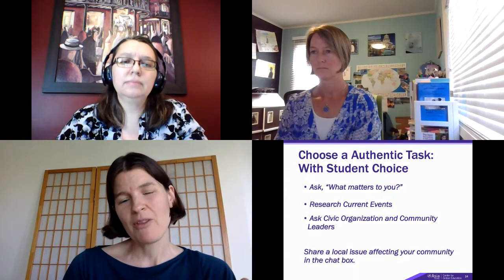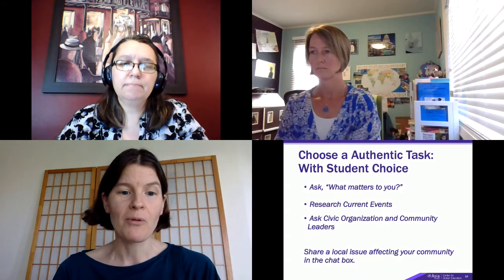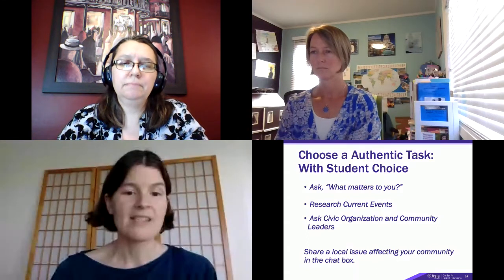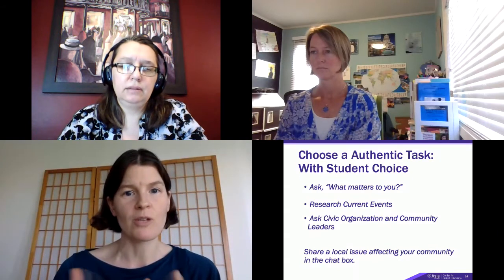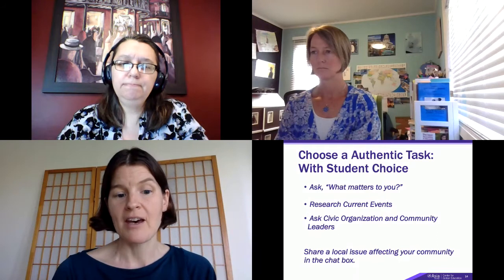Now that we're all online all the time, it's a little bit easier to ask some of these people and bring in outside voices to help students think about what local issues they could apply their STEAM skills to try and solve.